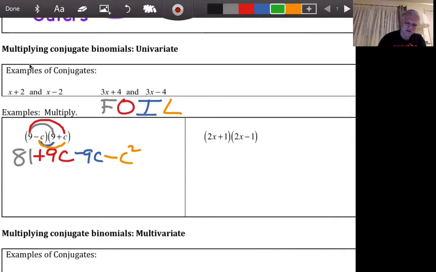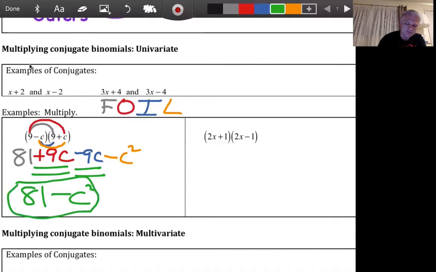Isn't this nice? Plus 9c minus 9c. You take those and you combine them together. Plus 9c minus 9c, they cancel. So our final answer here is 81 minus c squared. Those are not like terms, so we cannot combine them into one term. 81 minus c squared is our answer.